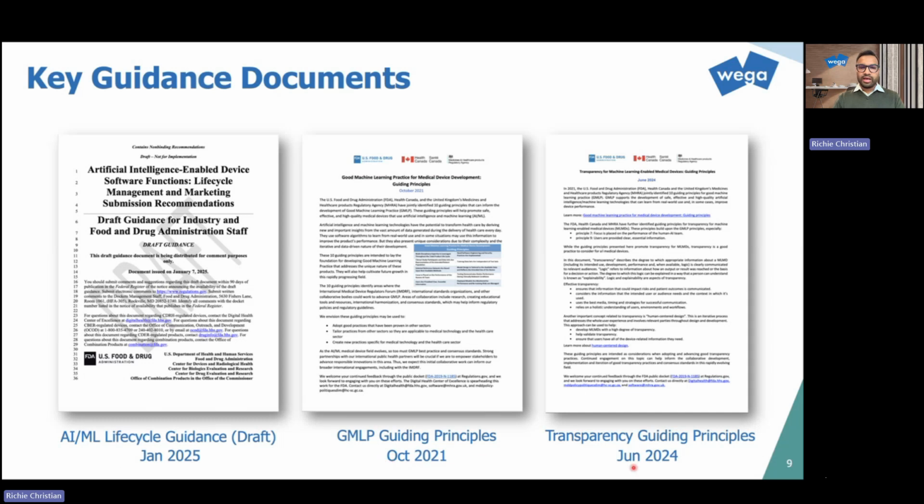And then the FDA, along with UK's MHRA and Health Canada in June 24, also published some guiding principles on transparency. So we've got a guidance document on predetermined change control plan as well, and together they make up the most official guidance that we have from the FDA so far.